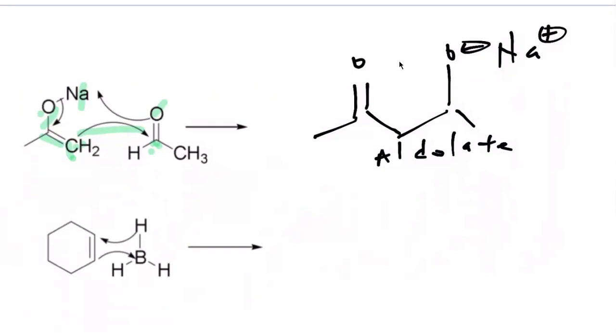Right. What about the next one? What would the product of that arrow pushing mechanism be? Don't trip over each other and answer it now. I'm not sure. So what are the arrows indicating? You're going to be forming a carbon-hydrogen bond here and a carbon-boron bond from that arrow.